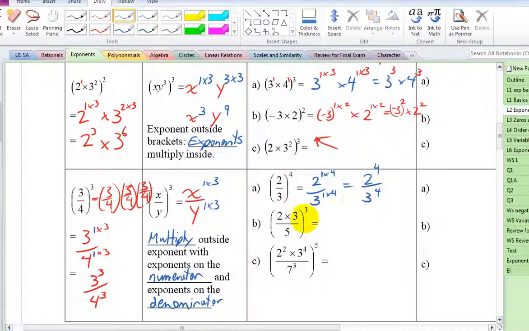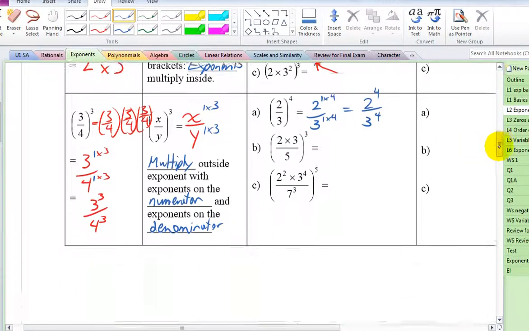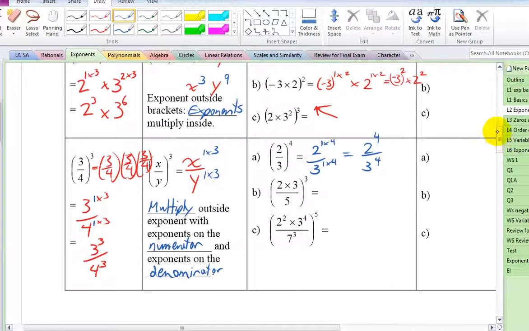Good. Try it for B now. Go. So it should be 2 exponent 1 times 3 times 3 exponent 1 times 3 all over 5 exponent 1 times 3.